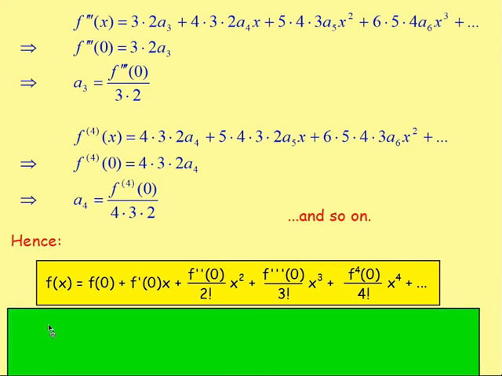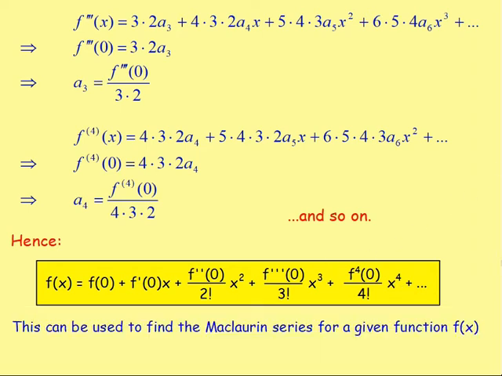So f of x equals f of 0 plus f dash 0x plus f double dash 0 over 2 factorial, because remember it was over 2 and you can write 2 just as 2 factorial, that's just 2 times 1, multiplied by the x squared, plus the third derivative when x is 0 over 3 times 2, well, you can write that again as just 3 factorial, 3 times 2 times 1. And then again you've got the fourth derivative when x is 0 over the 4 times 3 times 2. Again, you can write that as 4 factorial. And again, you've got this x to the power of 4. This is used to find the MacLaurin series of a given function.